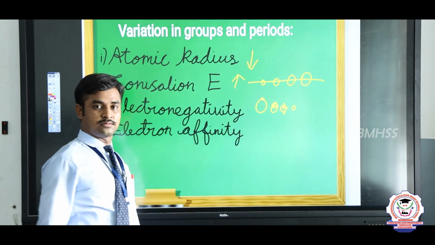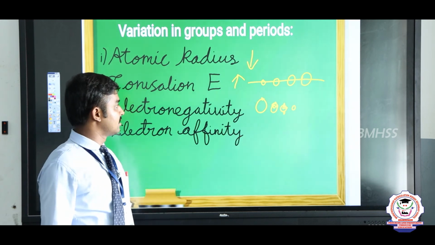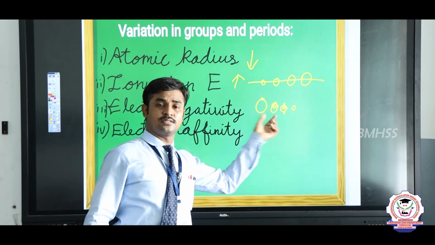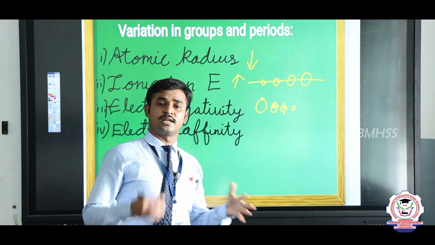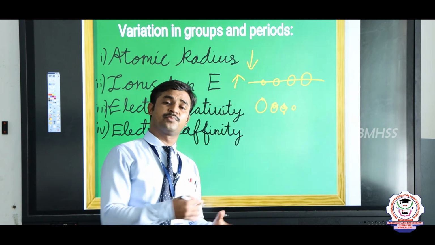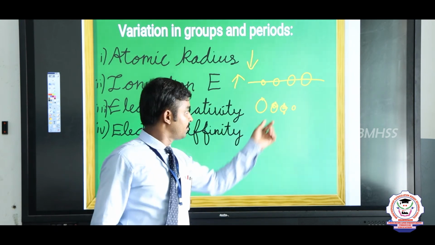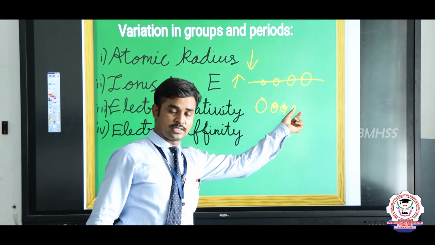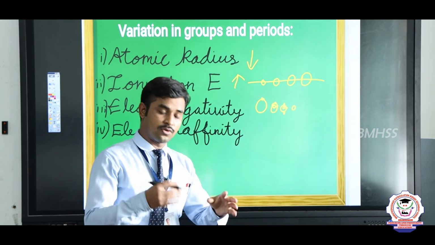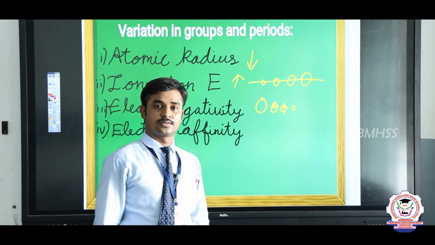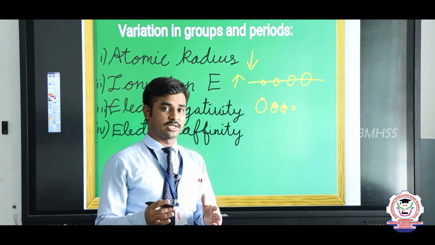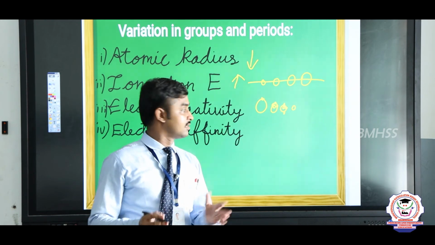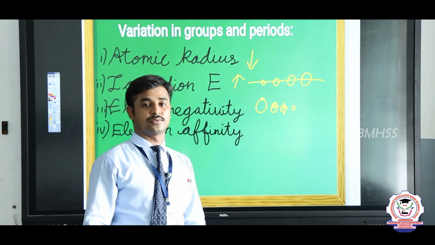Ionization energy increases. Why does ionization energy increase? Because the electron cannot easily be removed from the atom. When there is a large number of electrons in the atom, the atom gets a small size, so the electrons are closer to the nucleus.